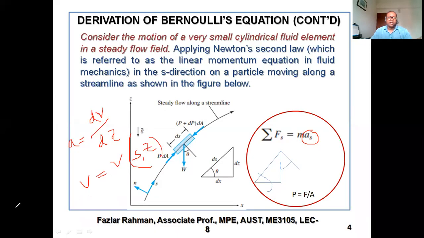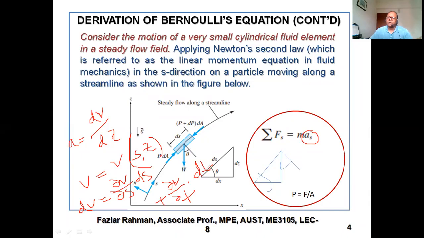Now that means we can figure out dv. dv equal to how much? We can say dv by ds into ds plus dv by dt into dt.